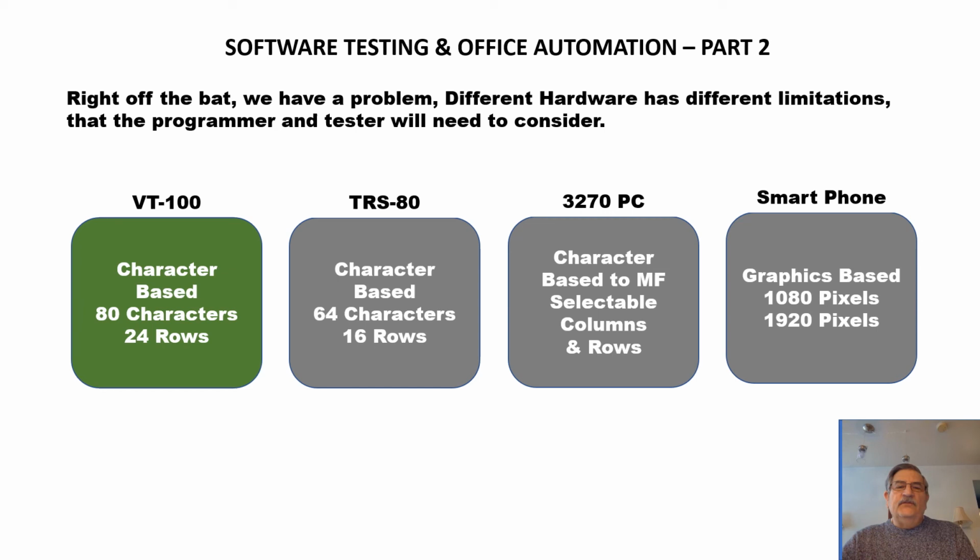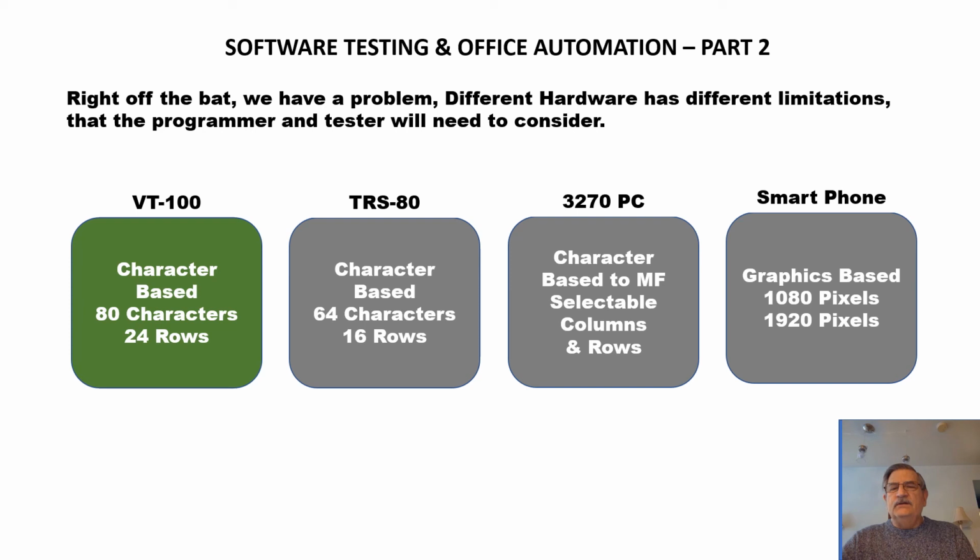It had 64 characters and 16 rows. Now, the 3270 PC had a graphics character generator in it, but when it was connected to the mainframe doing COBOL work and stuff like that, it had selectable columns and rows. Depending on how you set it up, there'd be different amounts of text on the monitor that you were looking at.